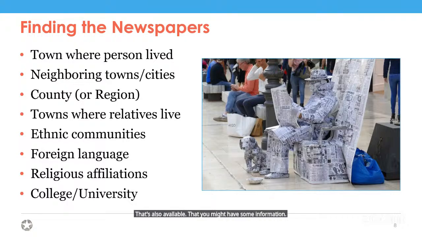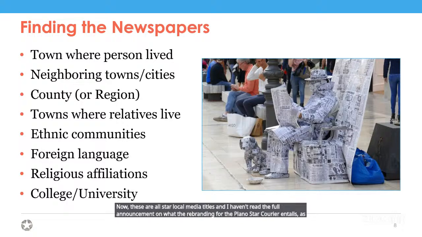And then our neighboring communities: you have the McKinney Courier Gazette. In Frisco, you have the Frisco Enterprise, the Allen American. Now, these are all Star Local Media titles, and I haven't read the full announcement on what the rebranding for the Plano Star Courier entails. As I understand from one component that I heard, it's rebranding for a larger regional type paper.